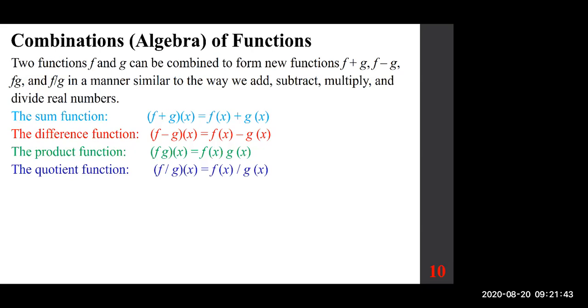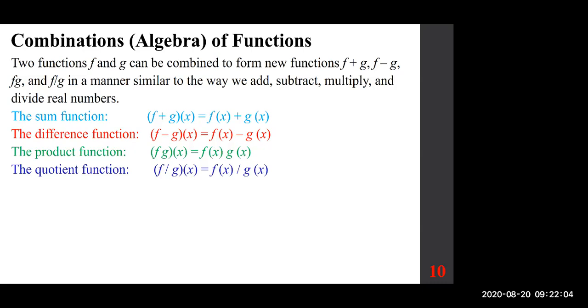So when we say the sum function, f plus g of x, simply put, it means f of x plus g of x. The difference function would be f minus g means f of x minus g of x. The product f times g, and f over g means f of x over g of x.